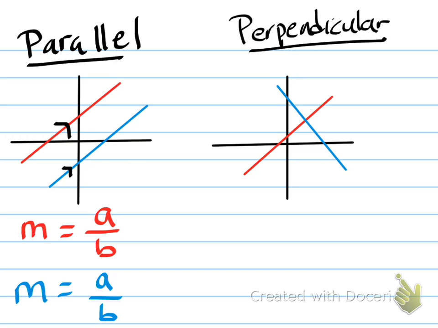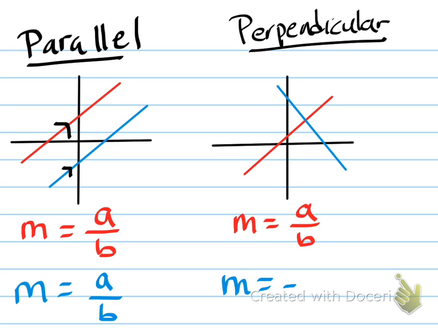A little trickier is perpendicular lines. So let's say the slope of the red line was a over b. And the slope of the blue line we can tell is not, because it's crossing. Moreover, we can tell that it's negative because it's a downhill line reading from left to right.